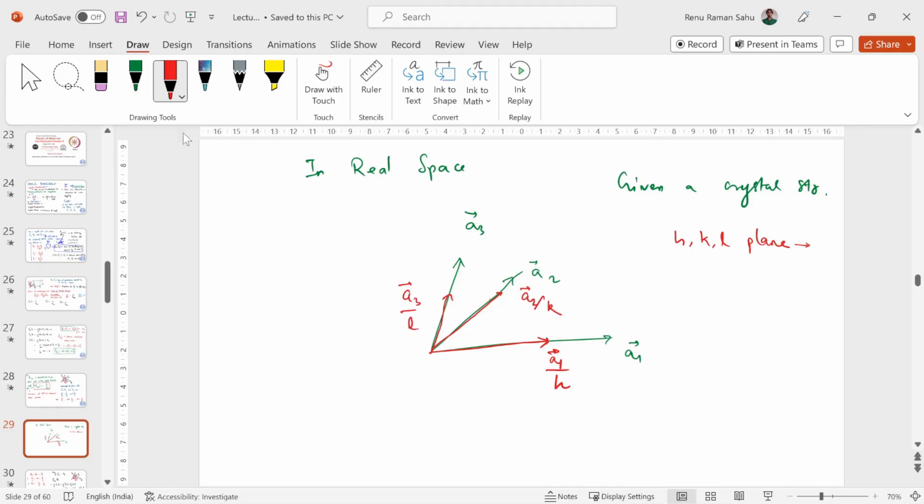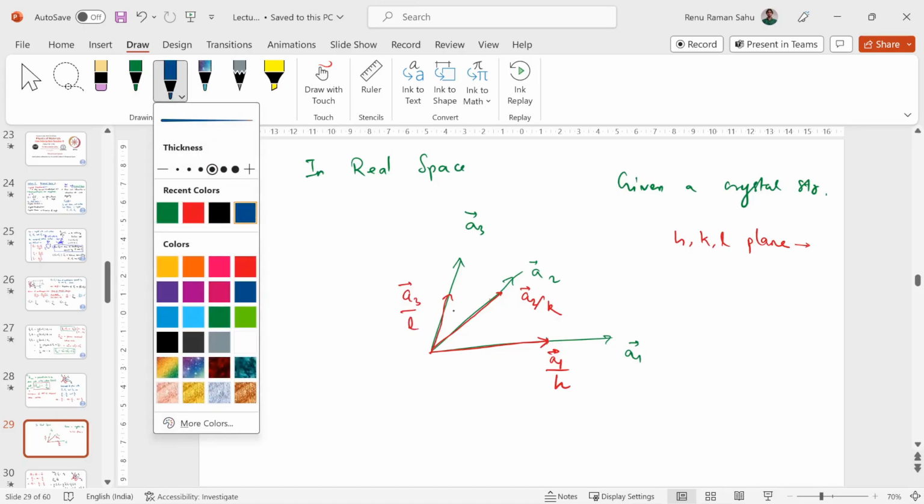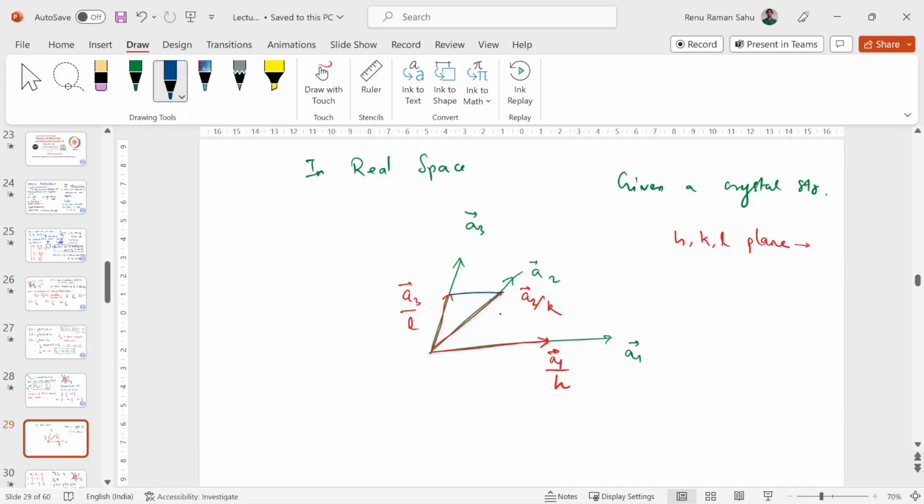So this is the definition of the plane hkl. I hope you get this point.